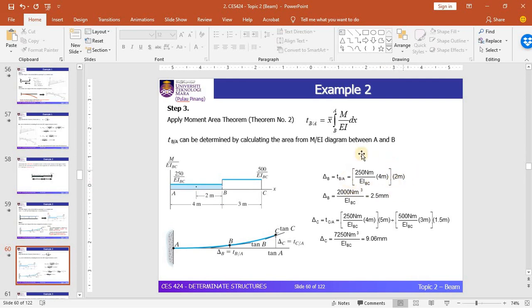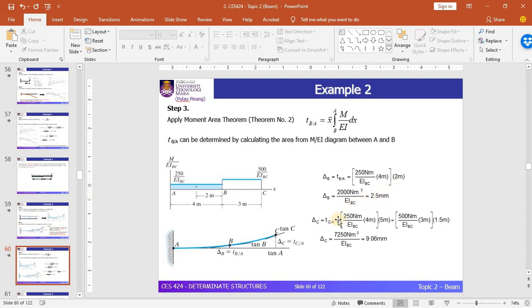And this is the area, which is 250 over EIBC multiplied with the 4 meter. Simplify this, and by substituting the flexural rigidity value, you will get that the displacement at point B is equal to 2.5 millimeter.